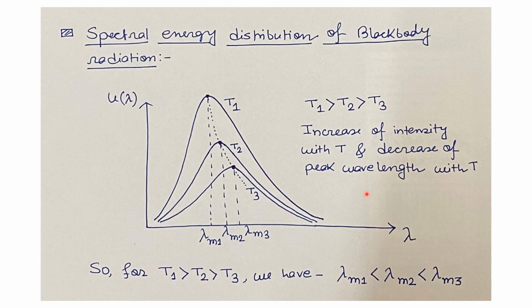Also, one important thing can be noticed here, that if we draw a curve passing through the peak of the u versus lambda curves, then it looks like a hyperbolic curve, that is shown here by the dotted line.